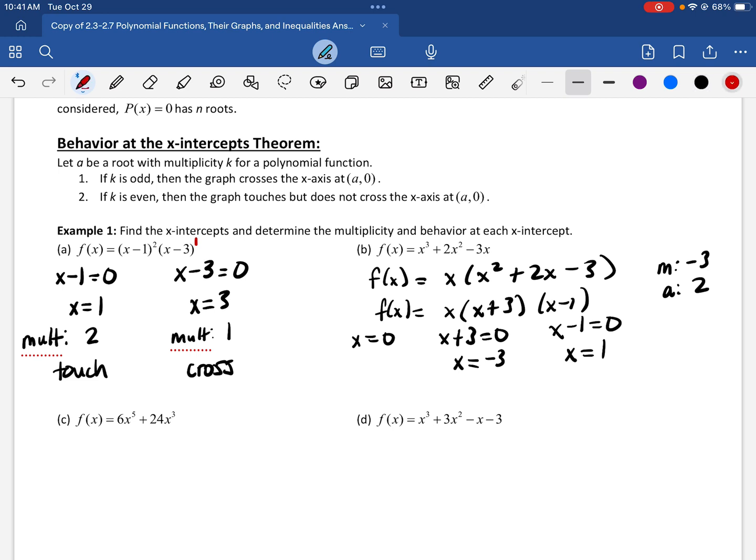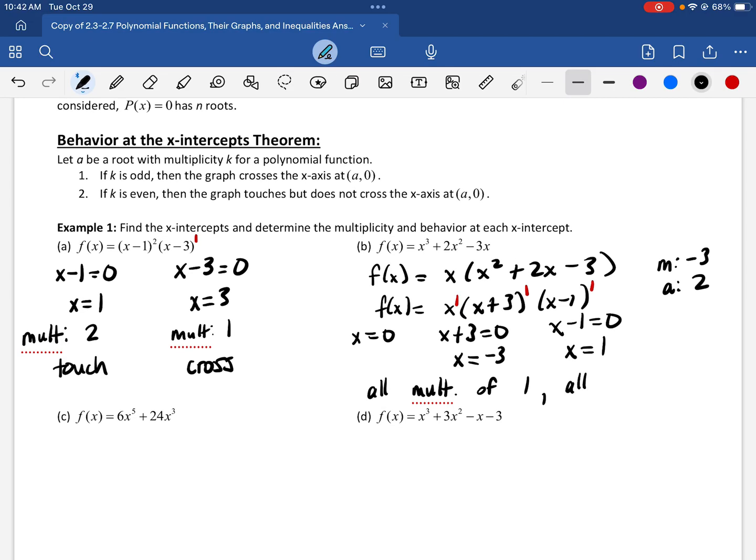If I look at the exponent of each of these factors, on the x that's a 1, on the x plus 3 that's a 1, and on the x minus 1 that's also 1. So all of them have a multiplicity of 1. 1 is an odd number, so they are all going to cross the x-axis.